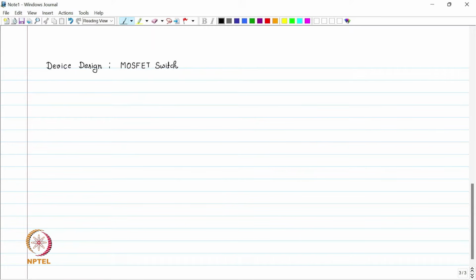This is a basic switch we fabricate using the CMOS technology. So let's draw the MOSFET structure. We start with a P-type substrate.